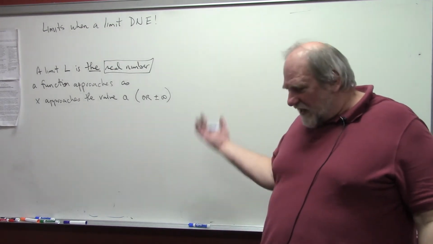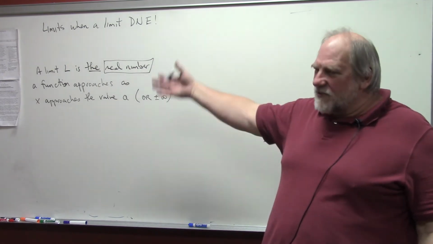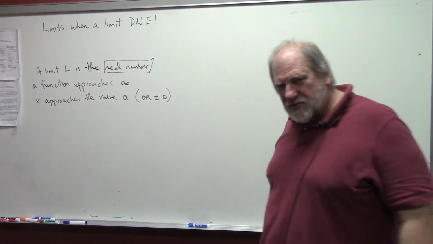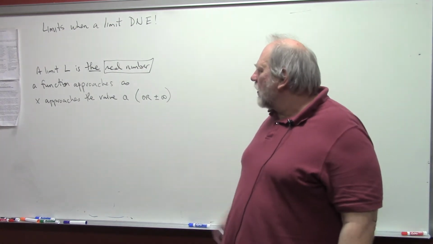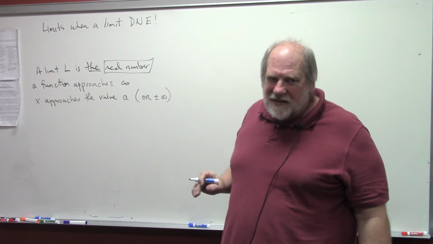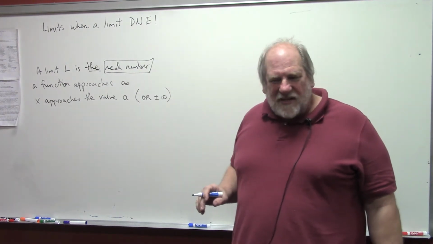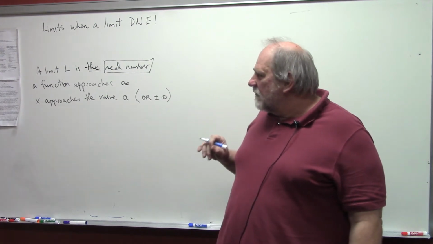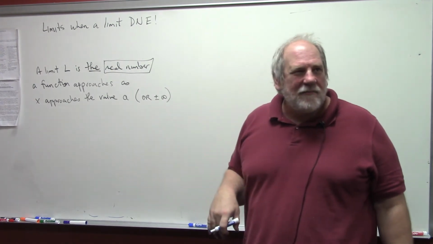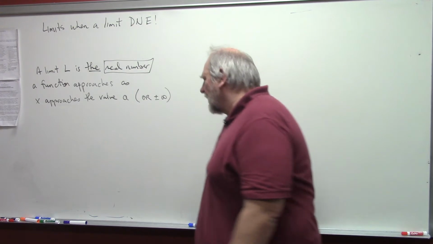Mathematics is all about extending what we have to more situations to make it useful in situations that don't apply directly. And so we're going to extend the basic idea to circumstances when a limit doesn't exist, but we can still get some idea of a limit.